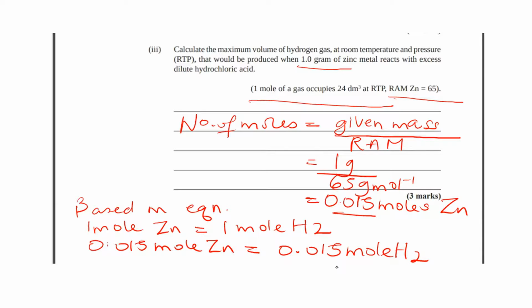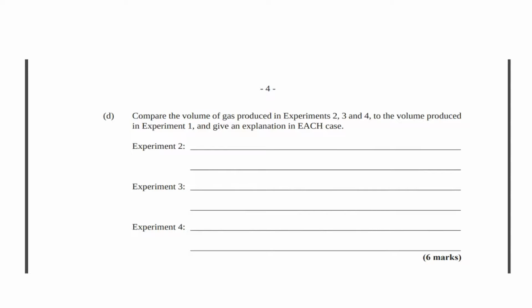Can we appreciate that? Of course we can. It's 1 to 1. If 1 mole of zinc is equal to 1 mole of hydrogen gas, then 0.015 mole of zinc is equal to 0.015 mole hydrogen gas.